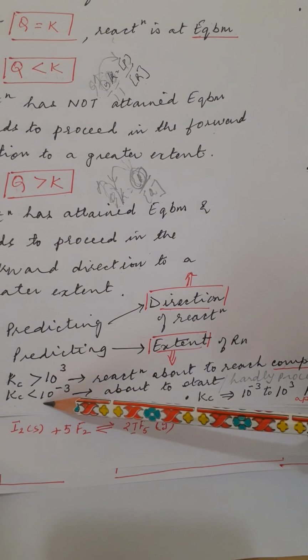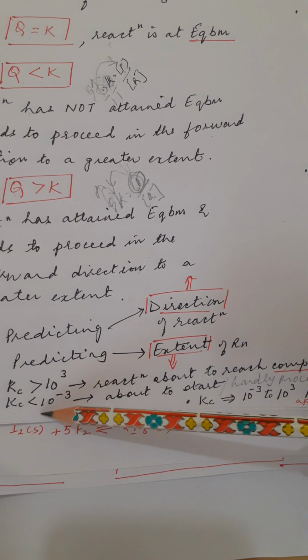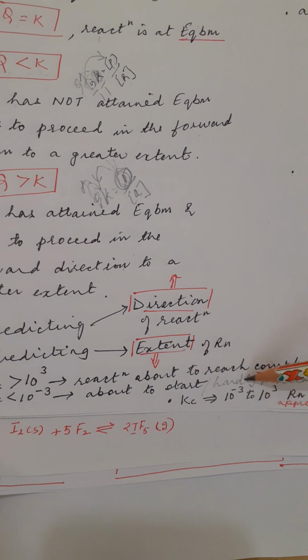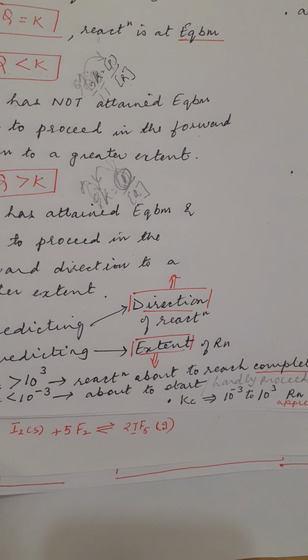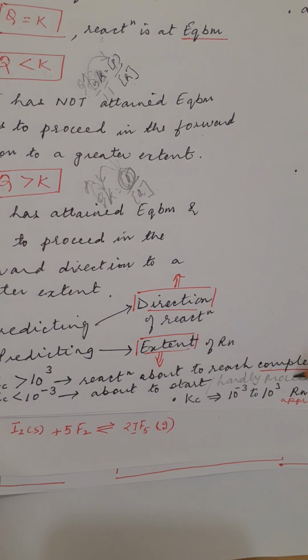If Kc is less than 10 power minus 3, then the reaction is about to start or has hardly begun, or is taking place to a greater extent in the backward direction rather than in the forward direction.